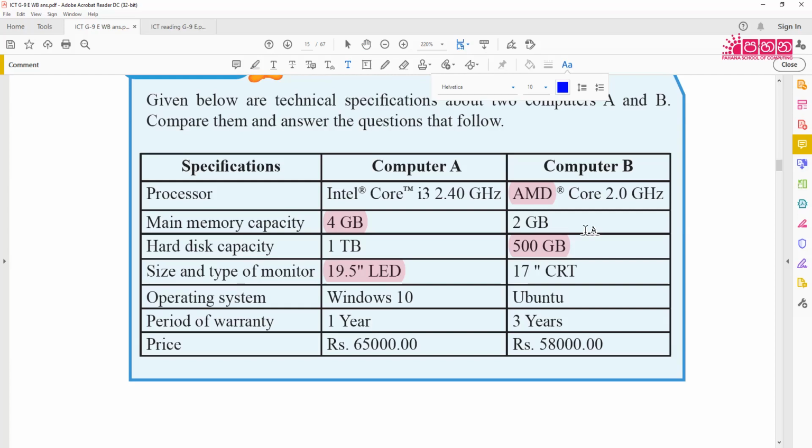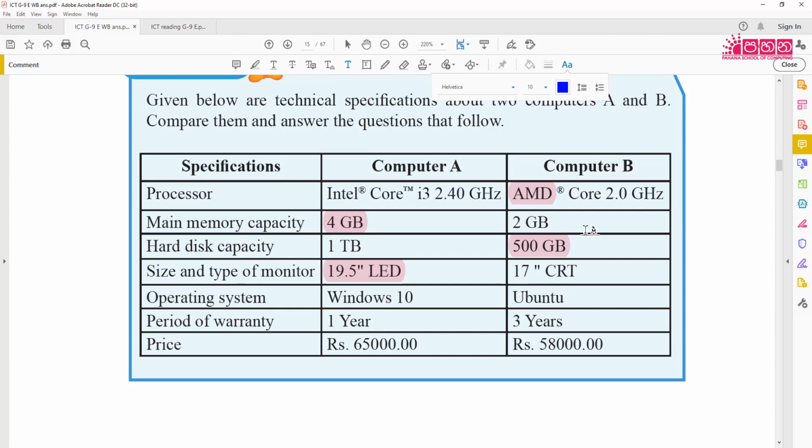Yes, you have a high capacity in hard disk because it's 1 terabyte. You have a large screen and also a latest computer, LED one, so 19.5 is larger, as well as new technology. We have LED monitor, right? And then what is the third one?